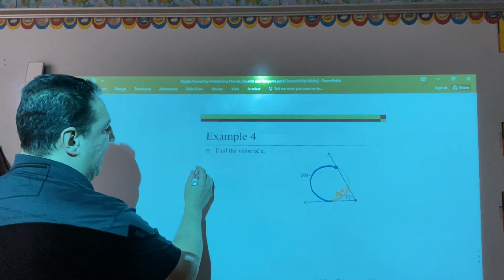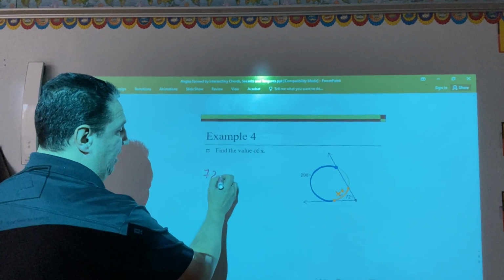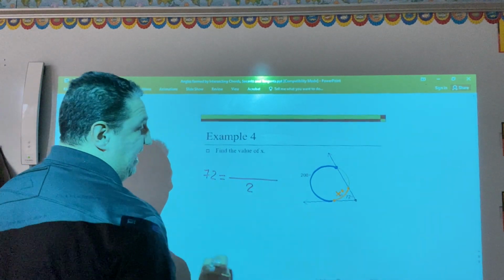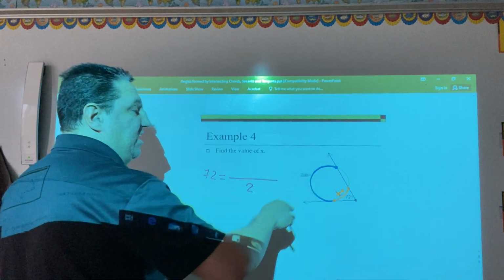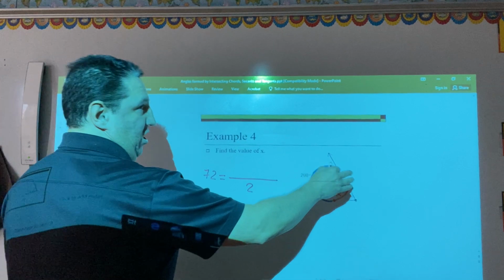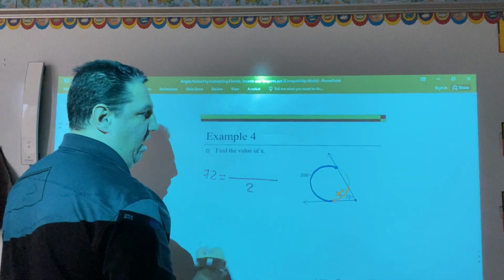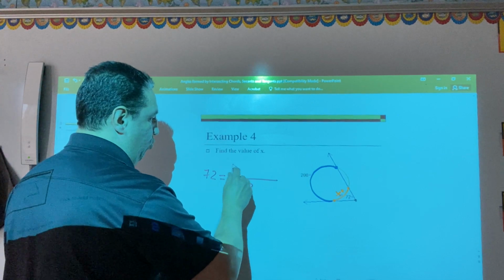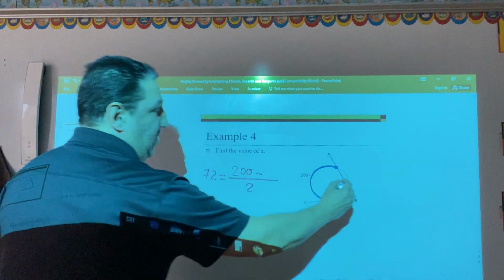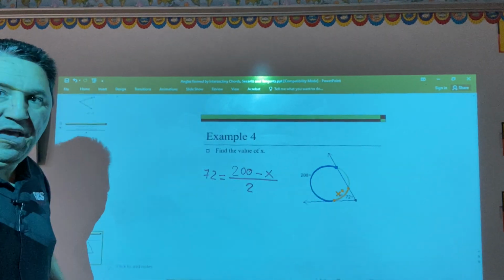Now, we apply the formula for exterior intersection. The measure of the angle, which is 72, is half, meaning division by 2, the difference of the intercepted arcs. We start with the larger arc, which is 200, minus the small arc, which is x. So we have an equation.